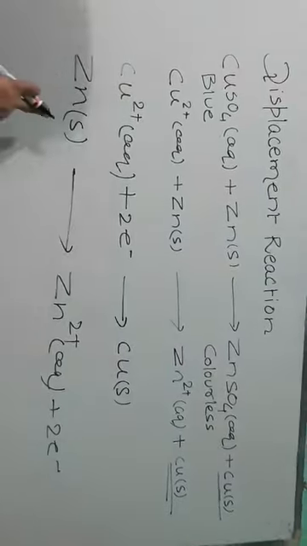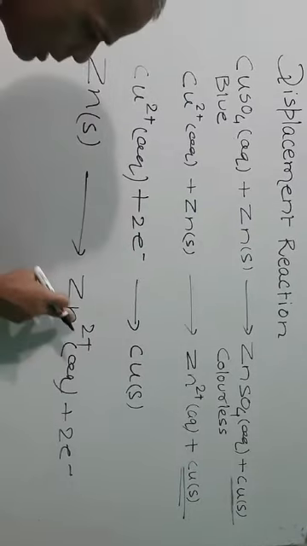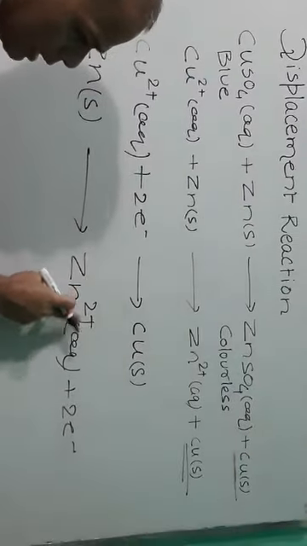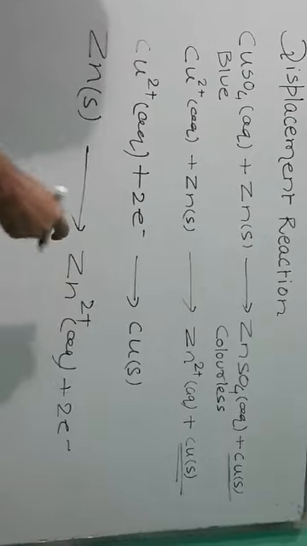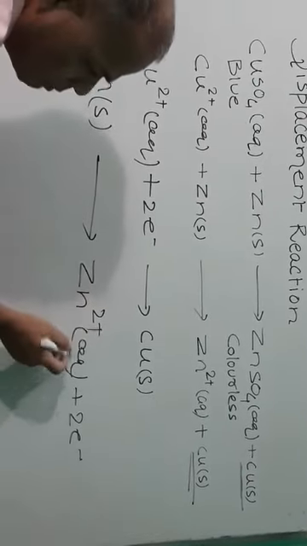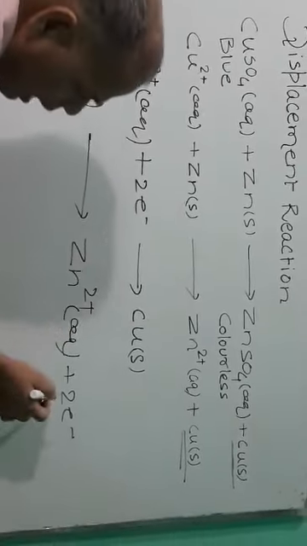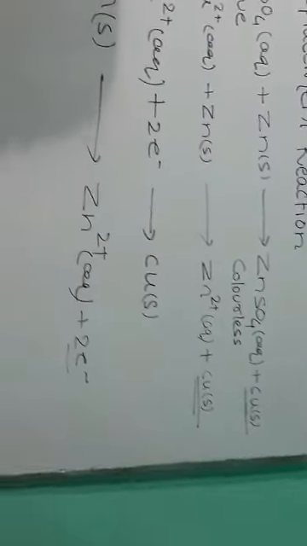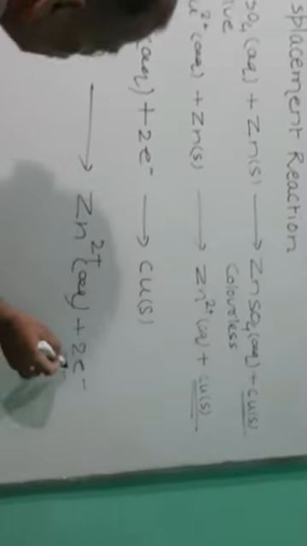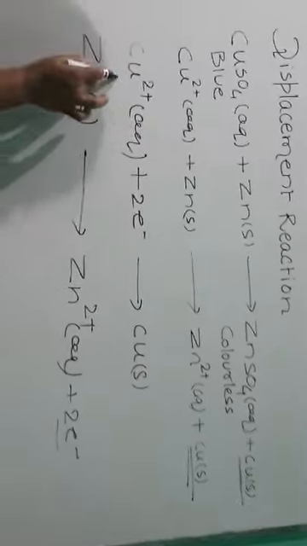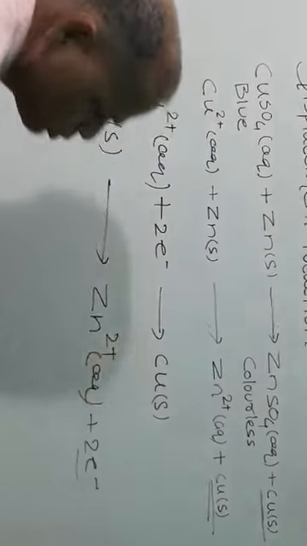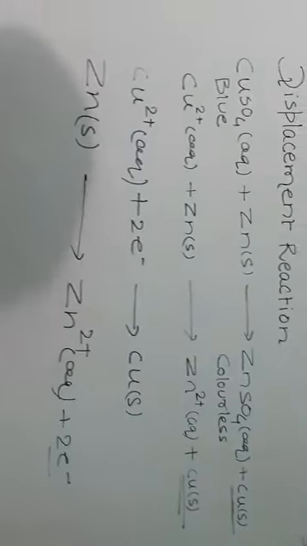Zinc solid converts into zinc 2 plus ion and releases 2 electrons, and these 2 electrons are used by the copper 2 plus ion to convert into copper metal.